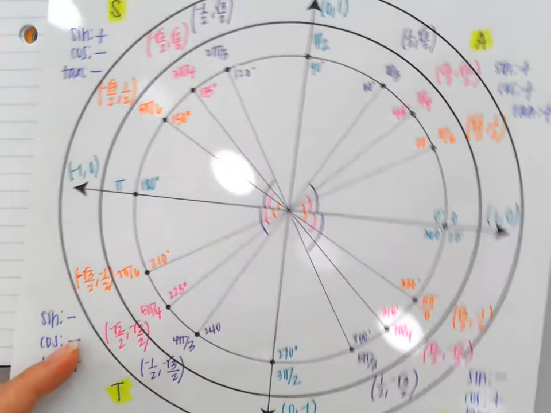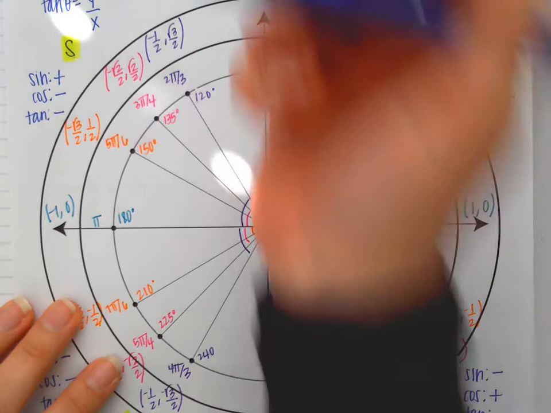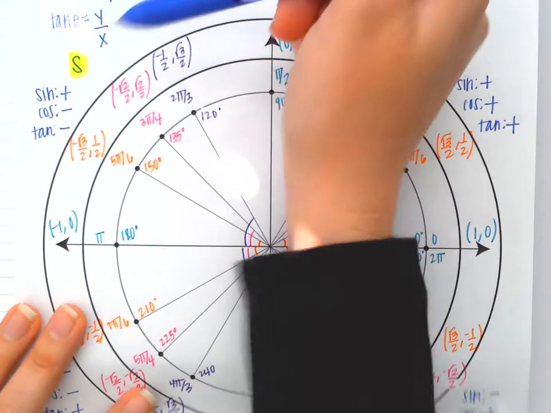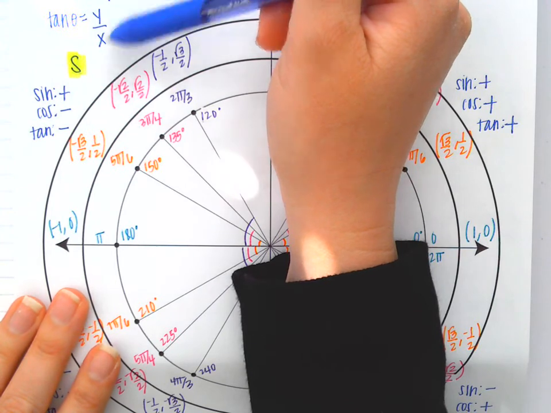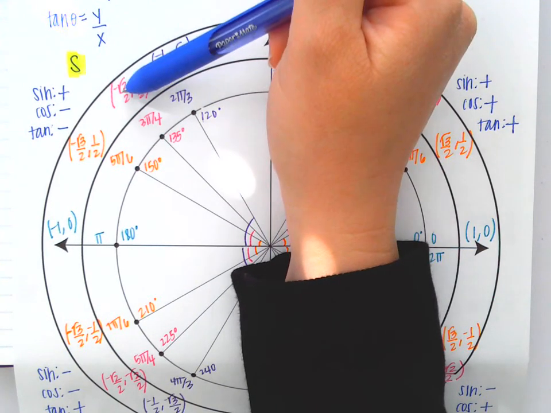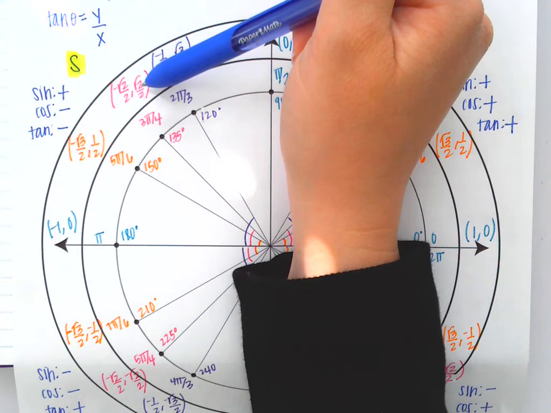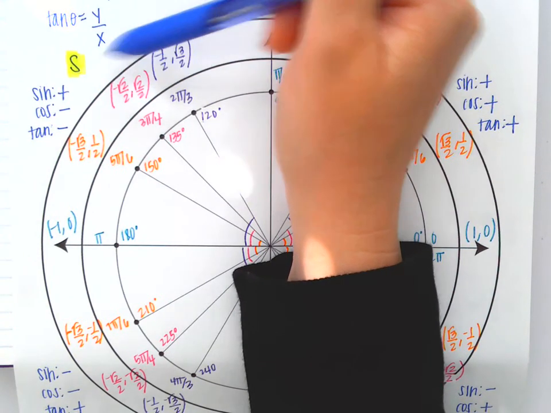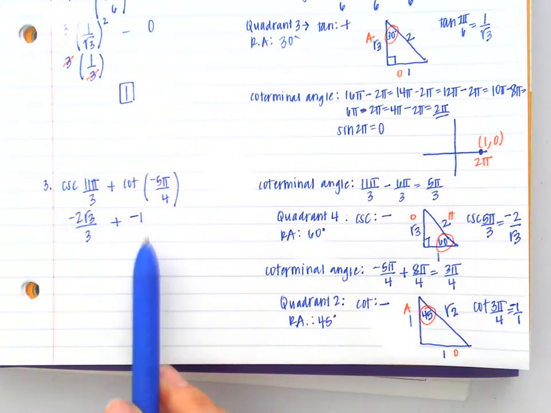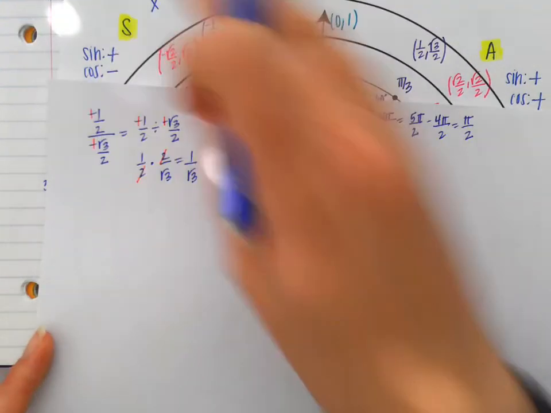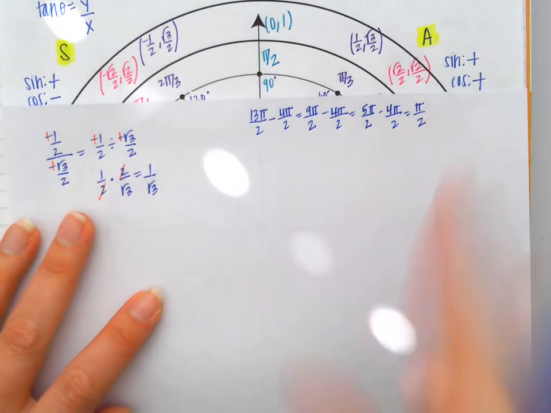So then we'd go to our unit circle and we'd go, okay, so at 3 pi over 4, if tangent is y over x, cotangent is going to be x over y. So x over y, negative rad 2 over 2, divided by rad 2 over 2. It's the same thing divided by itself, just with the negative, which is going to simplify to get me negative 1. If you wanted to think about that on a scratch piece of paper, you can.